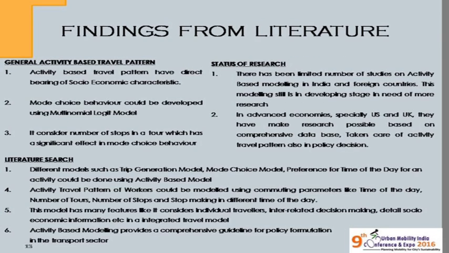The findings from the literature are that activity-based modeling has a direct bearing on the social attributes of a person, like his income, his gender, his age. And the status of research is that in advanced countries like the UK or US, they are already considering it at the policy level. In NTEM in the UK, they have the timing of the trip also.